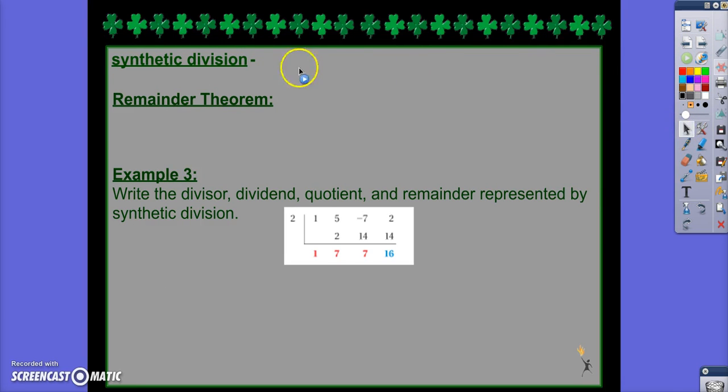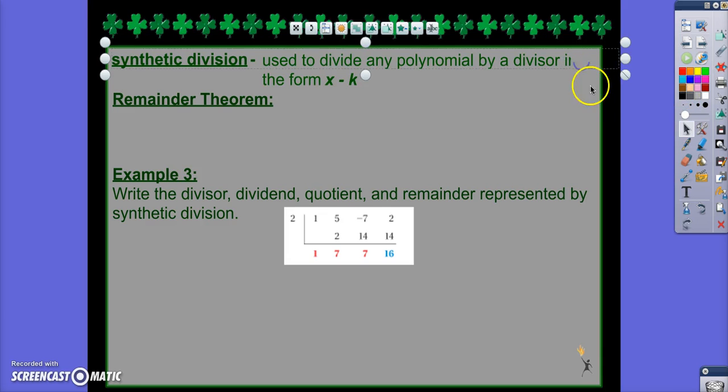So what technically is synthetic division? You guys carry this down in your notes. It's used to divide any polynomial by a divisor in the form x minus k.